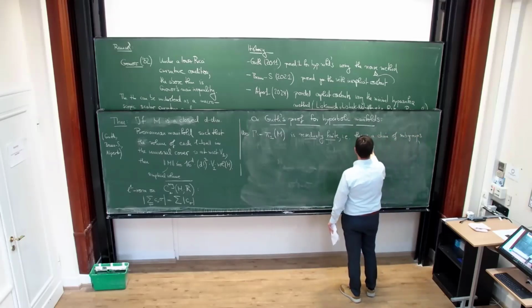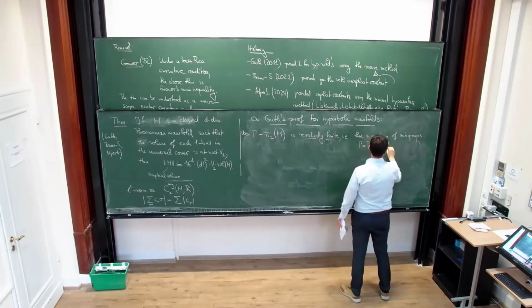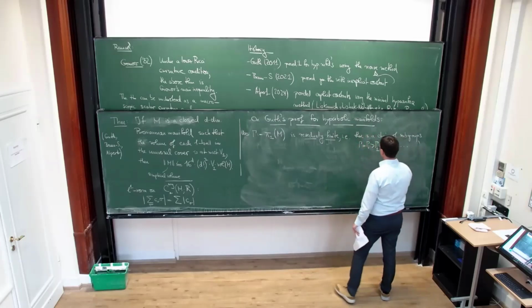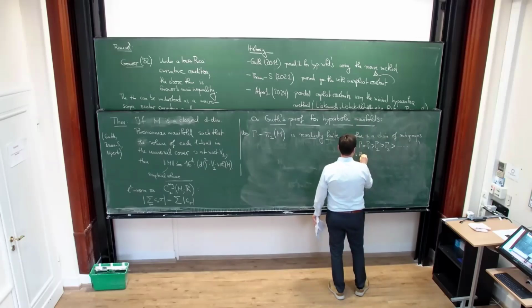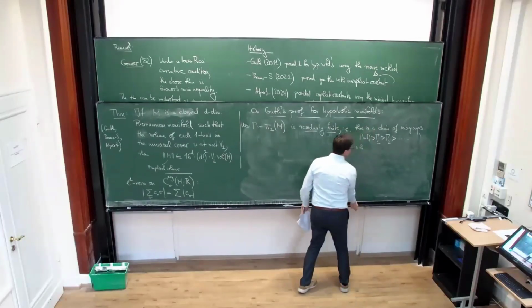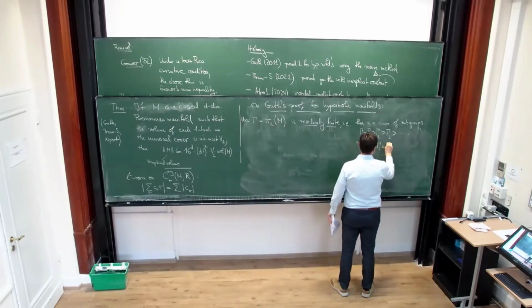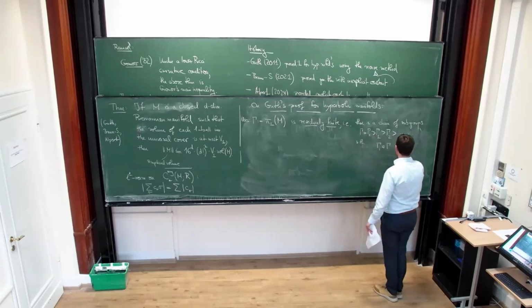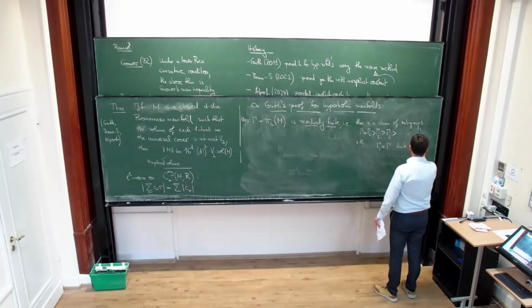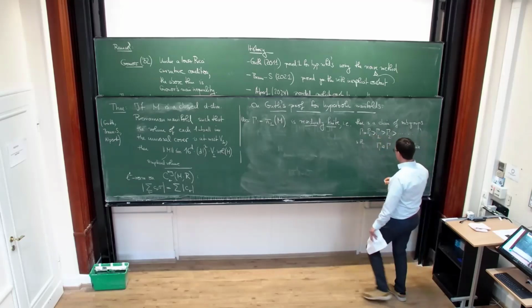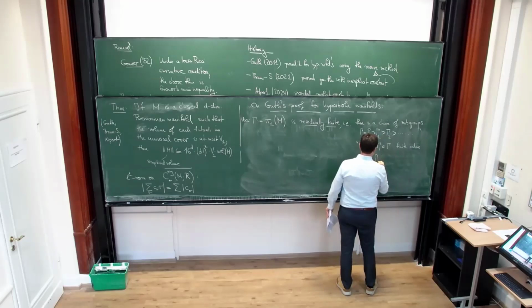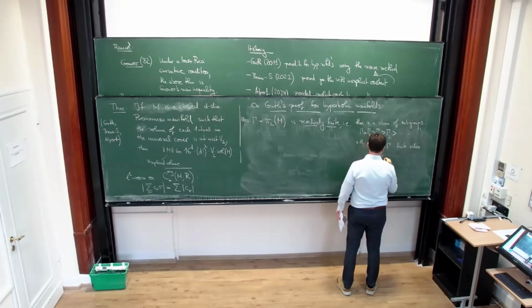So you have gamma, gamma 1, gamma 2, and so on, such that each gamma i is not just a subgroup, it's also normal in gamma, and it has finite index. And if you intersect all these subgroups, you only get the neutral element, so that in some sense it converges to 1.